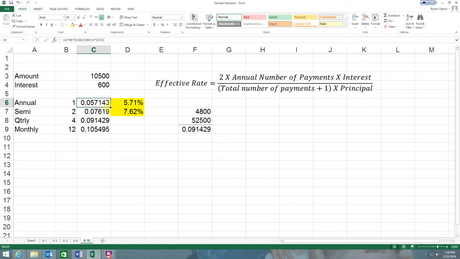Same answer. Hopefully none of these change. They didn't. So you can also do it that way and copy it down, as long as you have all your dollar signs in place.